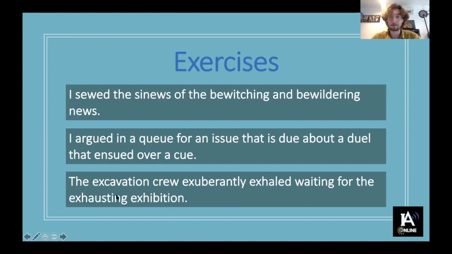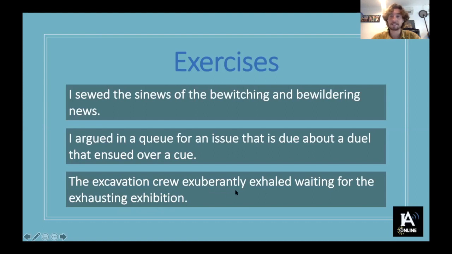A lot of big words in here, but again, you don't need to know them. It's just good to practice. This really makes use of the x and when and where to use it. The excavation crew exuberantly exhaled, waiting for the exhausting exhibition.